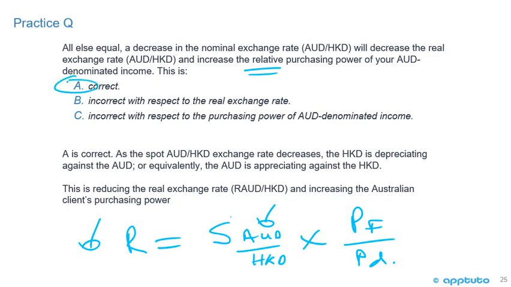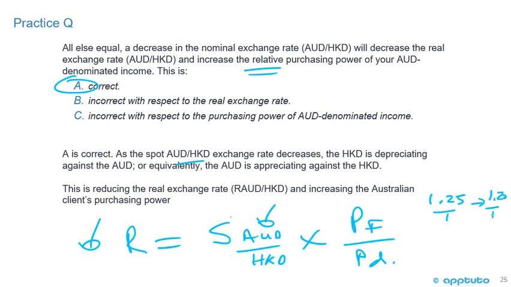And that is correct, because as the spot Aussie dollar Hong Kong dollar exchange rate decreases, the Hong Kong dollar is depreciating, okay? Because remember, what's happening here? Let's just put in some numbers. So if the nominal rate is going down, if I had 1.25 to 1, now it's going to 1.20 to 1.